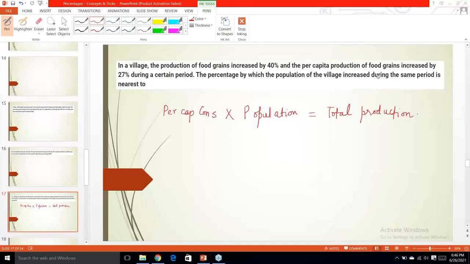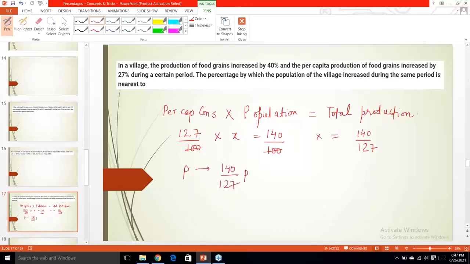This is 127 by 100 into X is equal to 140 by 100. 100 cancels out. X comes out to be 140 by 127. So if the initial population was P, it changes to 140 by 127 P, right?